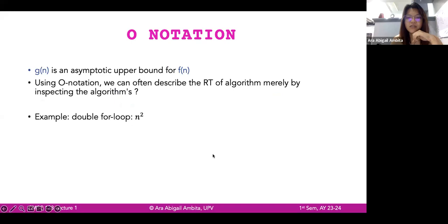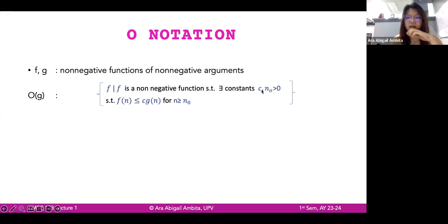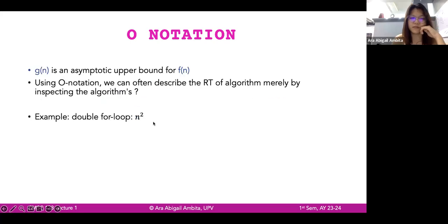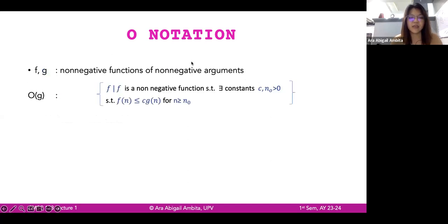Okay, and then cg of n, the c is some constant value that we multiply to g of n. So f of n is less than or equal to c g of n for all n that follows after this input size n naught. Okay, so we can then say that the function g of n is an asymptotic upper bound to f of n.